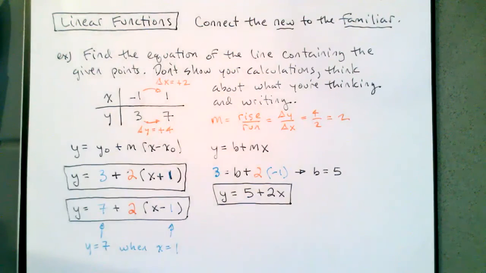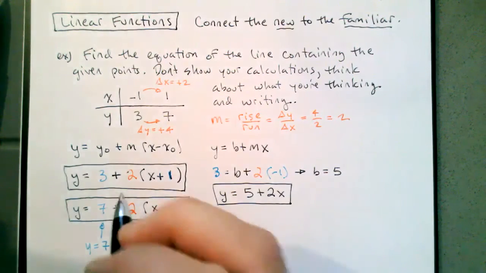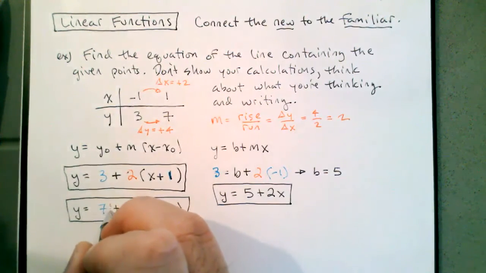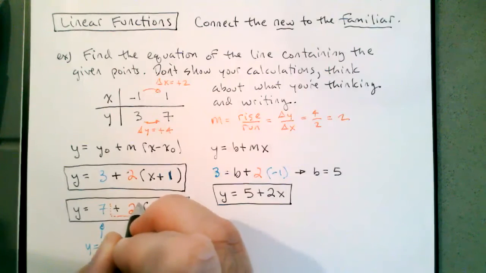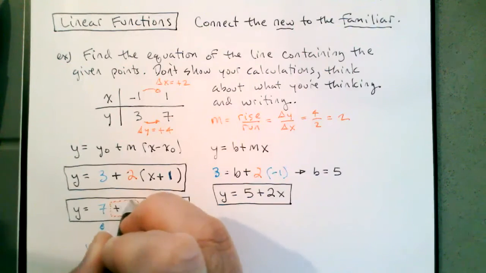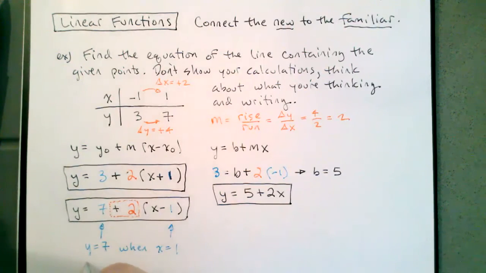And the +2 is telling us that y increases by 2. We're including the sign in this as well. So this +2 part says y increases by 2 every unit.